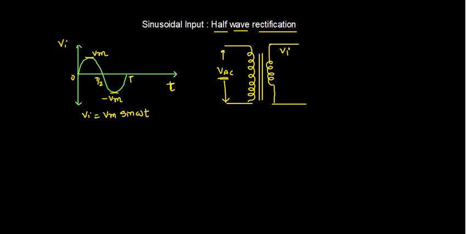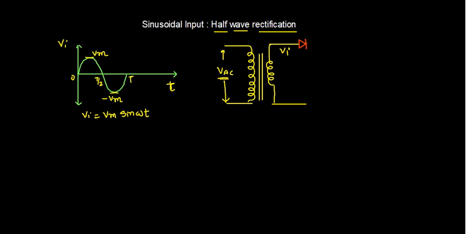so now we will develop a half wave rectifier circuit where this one is our input, and if I draw that circuit further, this is our diode.